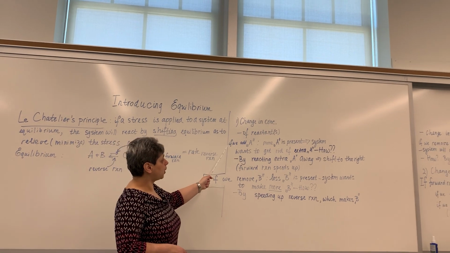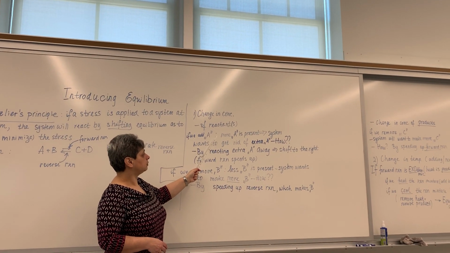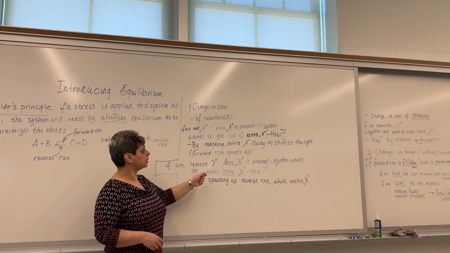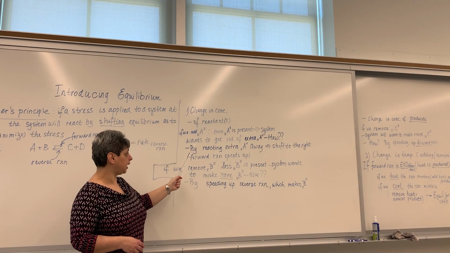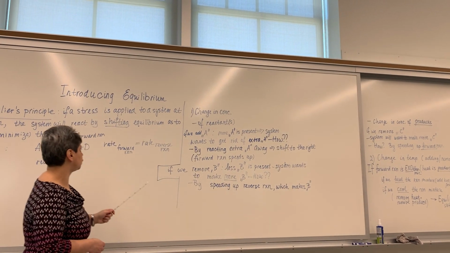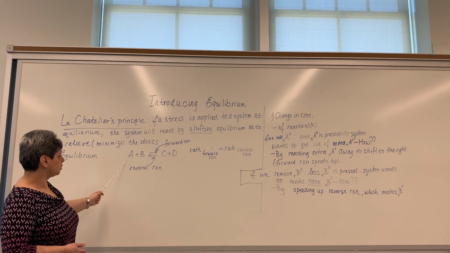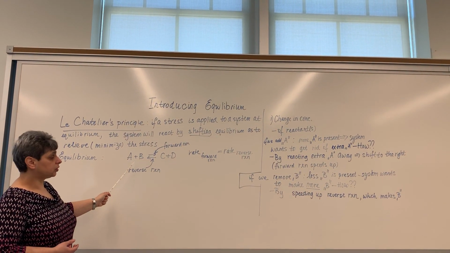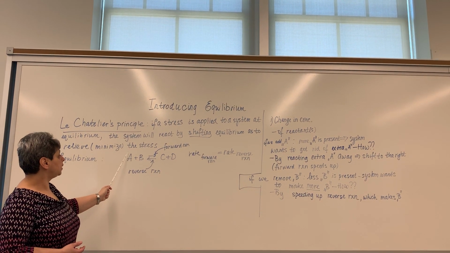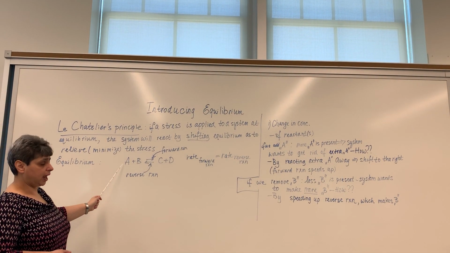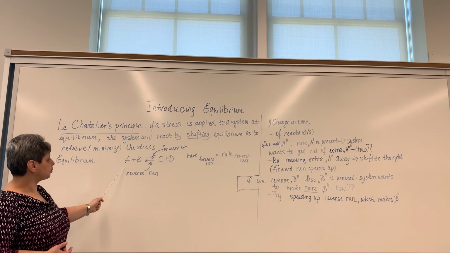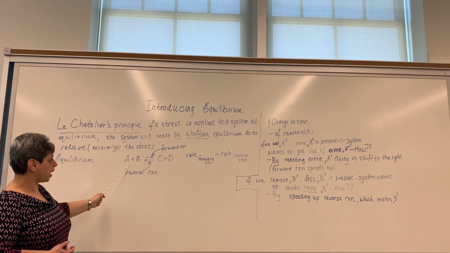Well, if we add more A, then the system will want to minimize the stress of adding A. What does it mean, minimize the stress and shifting it in such direction? Well, if we added more A, minimization or relief of the stress would mean getting rid of that extra A that we added. Now the question then becomes, how can we get rid of that extra A?